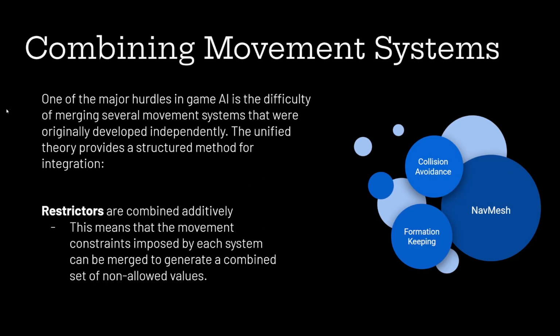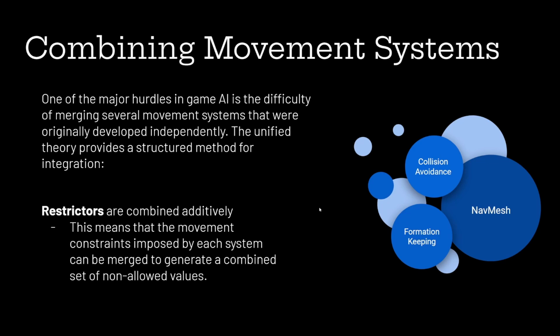So it's pretty tricky, you know. That's why somebody had to make this entire system. But it's not too bad, and the person who did is pretty clever, so we're lucky there. So first off, with restrictors, they're combined really simply. It's just additively, or it's called taking the union, right?